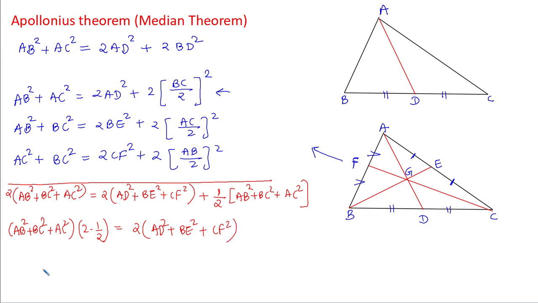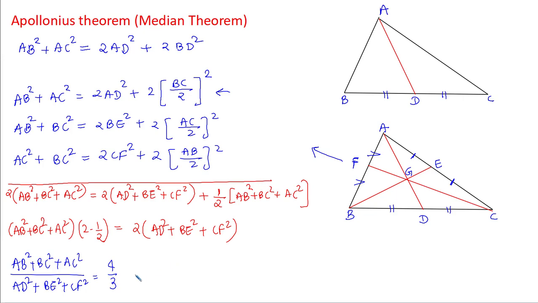Again, if we solve this further, we get (AB square plus BC square plus AC square) divided by (AD square plus BE square plus CF square). This is going to be 2 divided by 3 by 2, that is equal to 4 divided by 3.